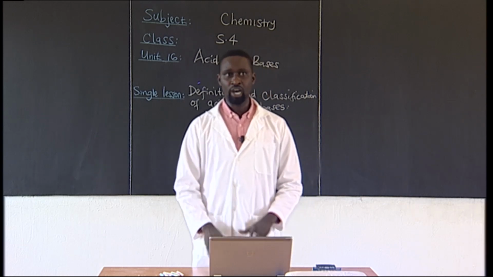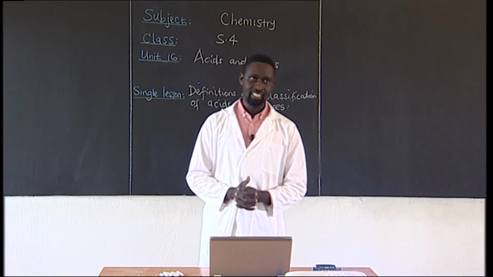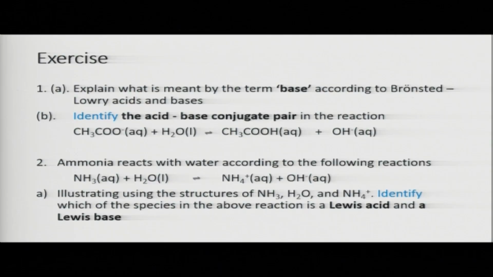And as usual, I leave you with an exercise. It is not named exercise 1 or 2 because it is for the single unit. Please go through it and answer the way it is asking. Like number 2 is asking you to illustrate using structures of ammonia, water, and NH4+ for you to identify which species is a Lewis acid and which one is a Lewis base.